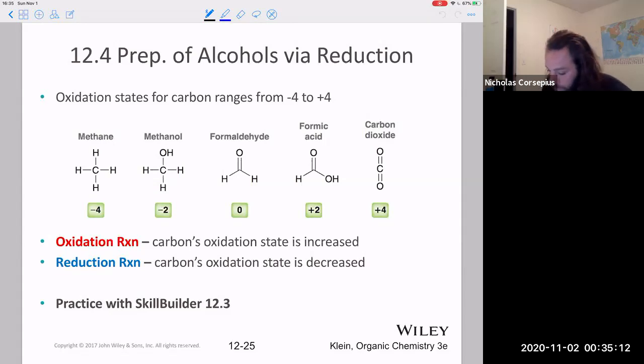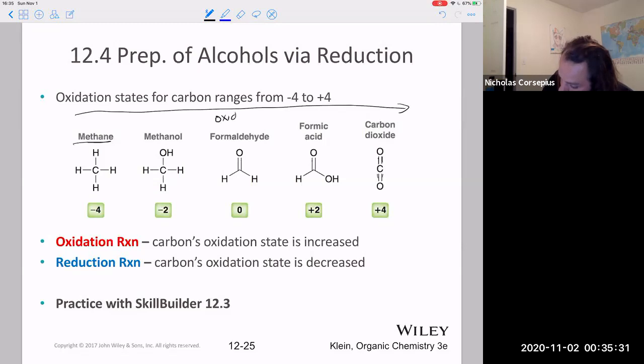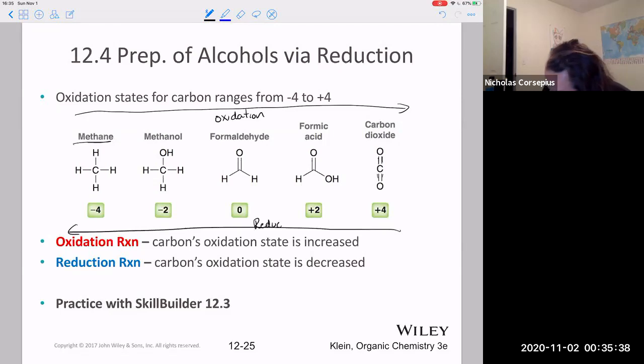So in terms of oxidation states, right, if you had a carbon that was bound to 4 hydrogens, that would be the lowest oxidation state, all the way to a carbon that's bound to 4 oxygens or has 2 carbon-carbon double bonds, and that would be the highest oxidation state that carbon can have, right? So going this way would be oxidation, and then going this way, we would call that reduction.